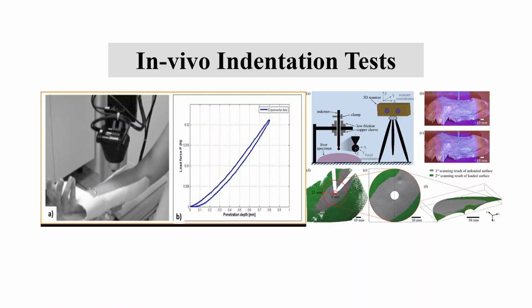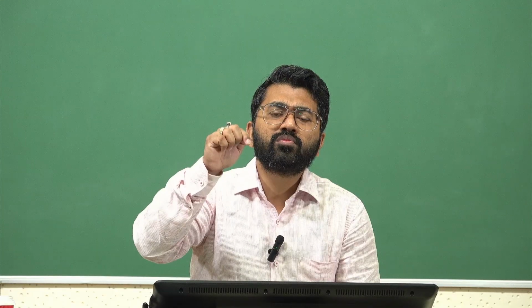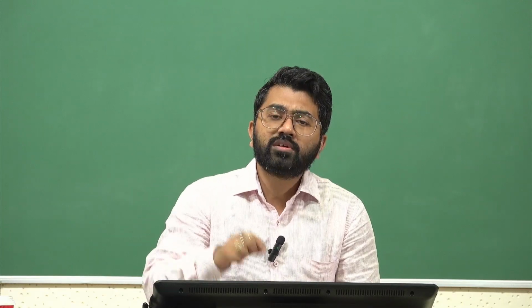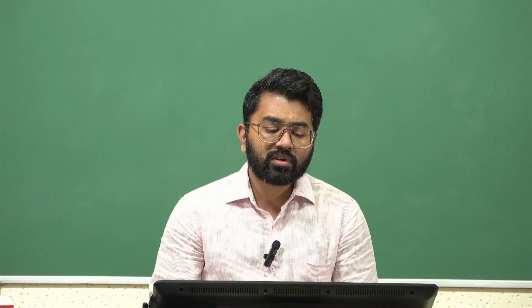You're reading load force in newtons along the y-axis, and you're looking at the penetration depth in millimeters along the x-axis. You could well imagine this penetration depth is 0 to 1 millimeters. That is very small, right? So you're taking a very small amount of push with the indenter to understand the mechanical properties of the tissues.